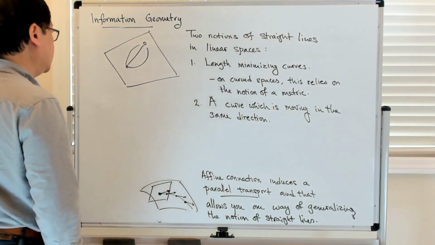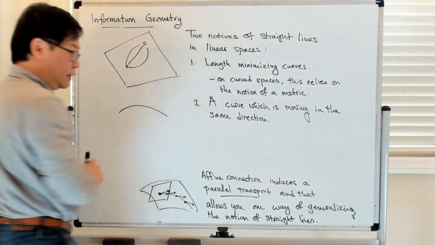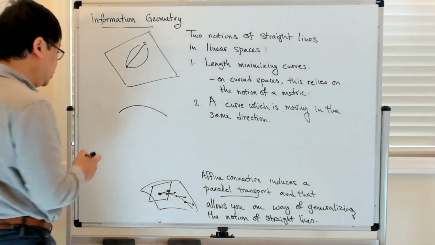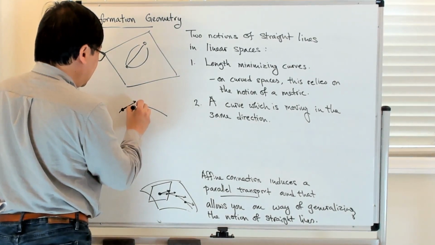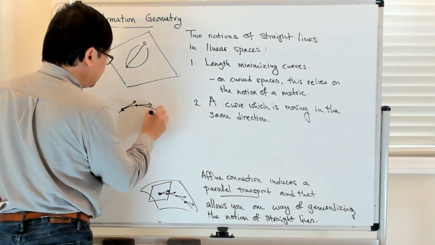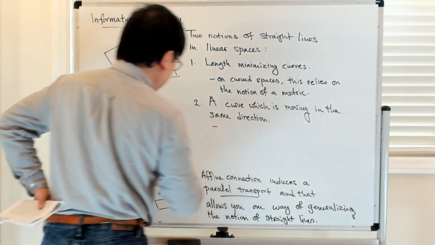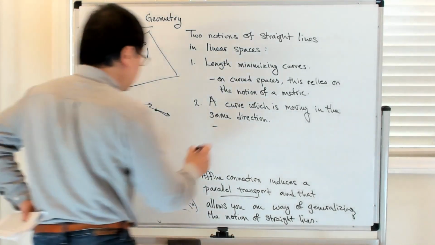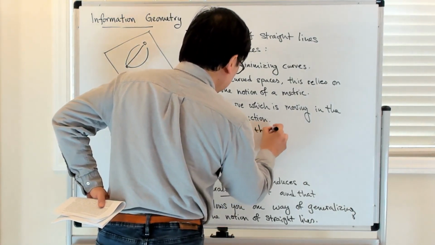Okay, so all right, so what does that really mean? Okay, so imagine you have a curve like this. What does it mean for the curve to always be moving in the same direction? So if you have a parametrized curve, then you have this idea of tangent vectors to that curve, right? So the intuition here is that you want to look at the tangent vectors of this curve.